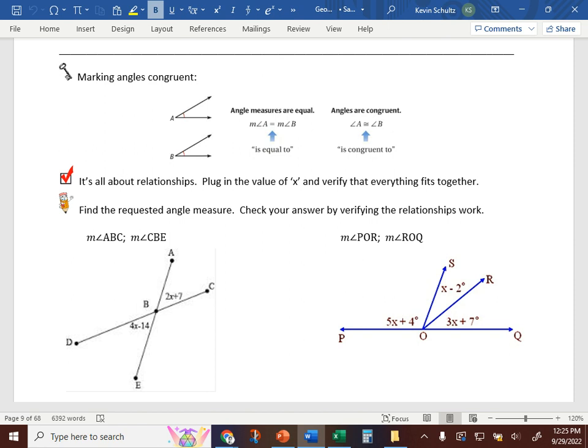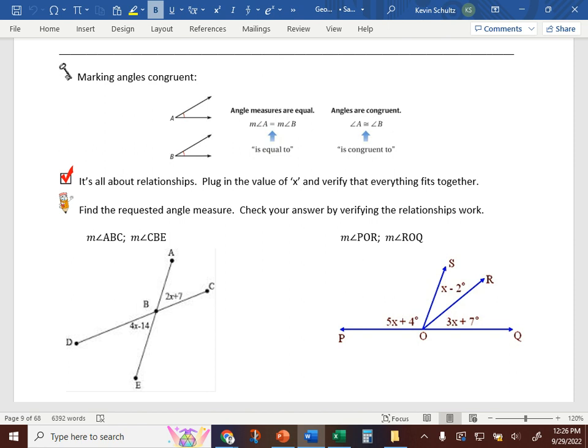So when we say vertical angles are congruent, we're not talking about a specific measure, therefore they're just things. But if we say angle A is equal to angle B, we're talking about their measures. Notice the lowercase m, that means measure of, versus just naming the angle itself, then we use the congruency symbol. We'll come back to that later on, but that's how it's used there.